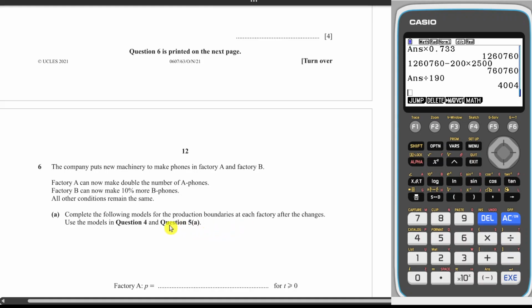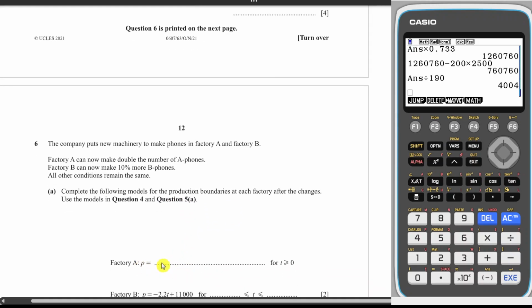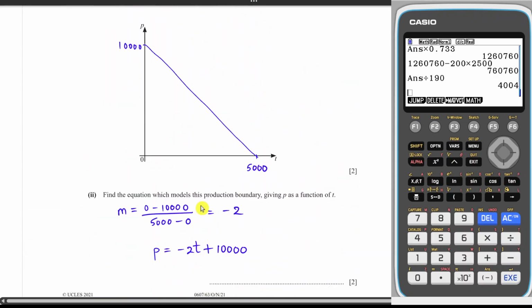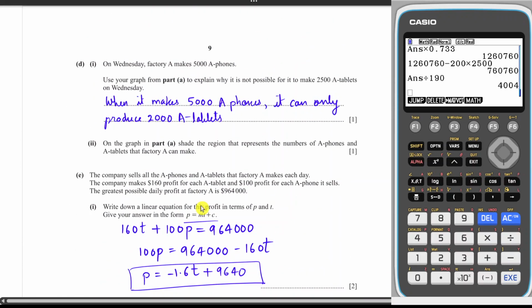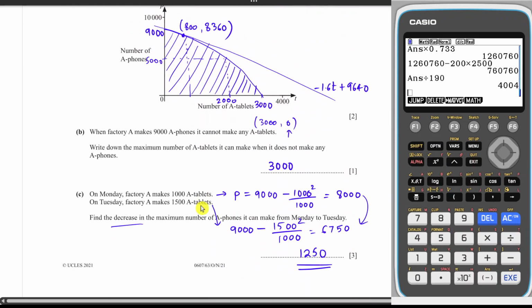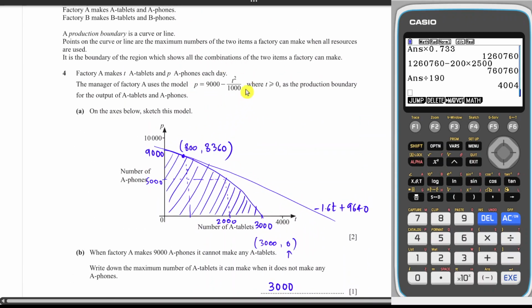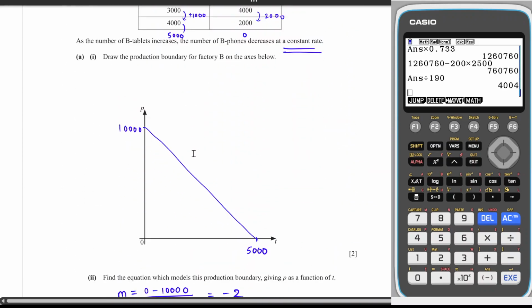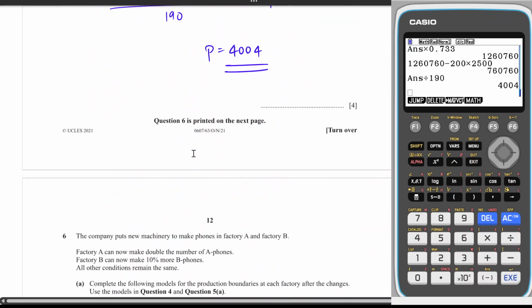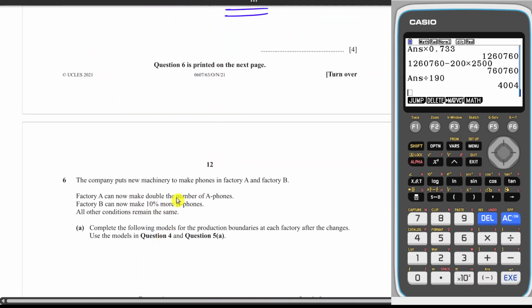So what is in question 4? I think that is for factory A. So question 4 is for factory A. So this is the model that is given. They just mentioned that it is double the number of A phones.